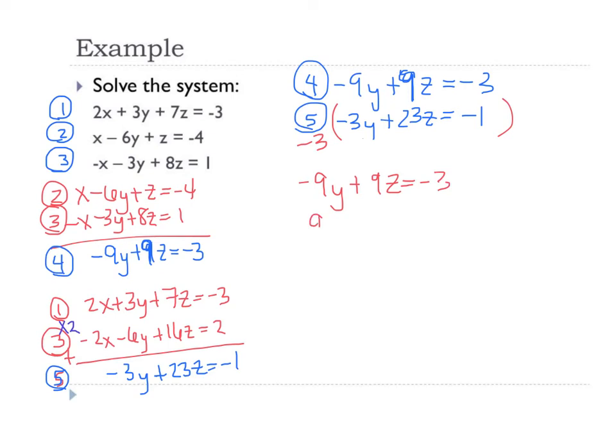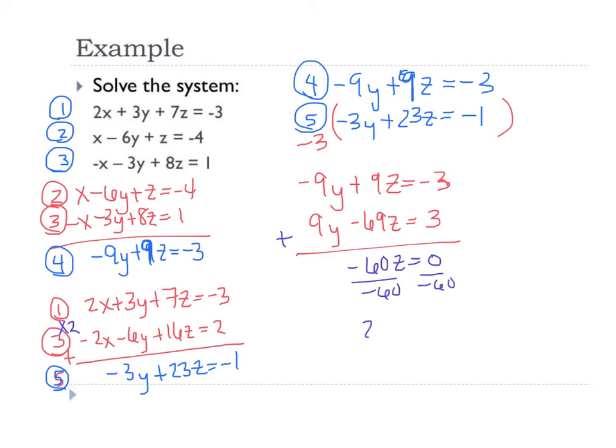So it's going to be a positive 9y minus 69z equals 3. Add these together. That's going to be negative 60z equals 0. Divide each side by negative 60. z equals 0.